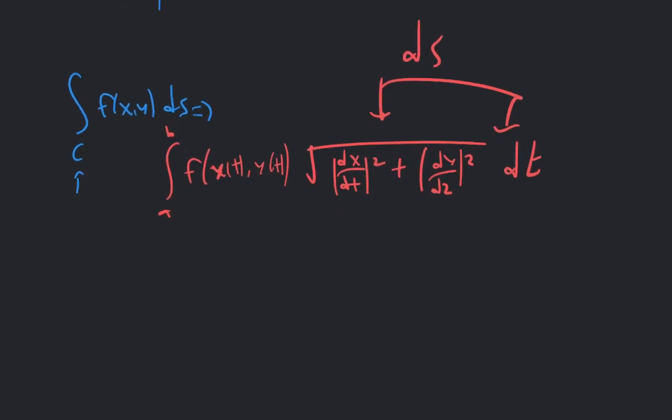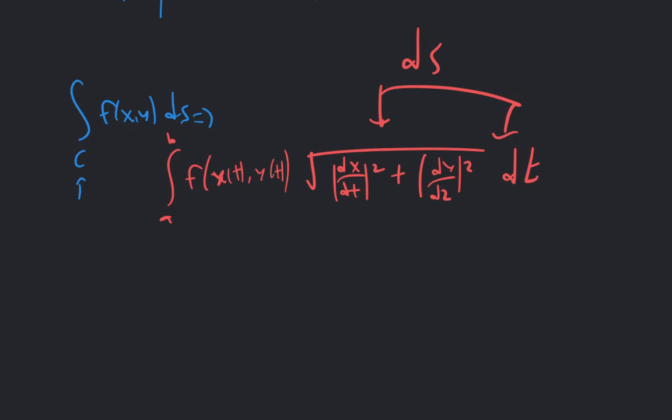ds, as I've learned through my studies, is the hypotenuse of a right triangle. So it's going to be, oh, I guess I don't need the square there. The square root of these terms.